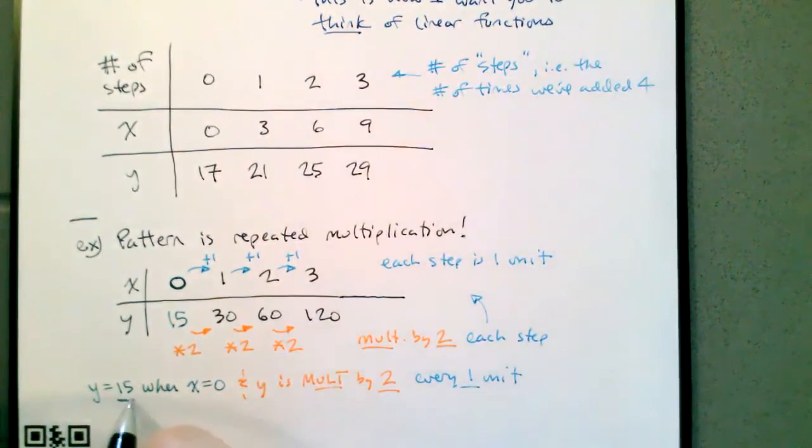So it starts off the same, but since the repeated operation is not addition, it's multiplication, we say y is multiplied by 2 every 1 unit.